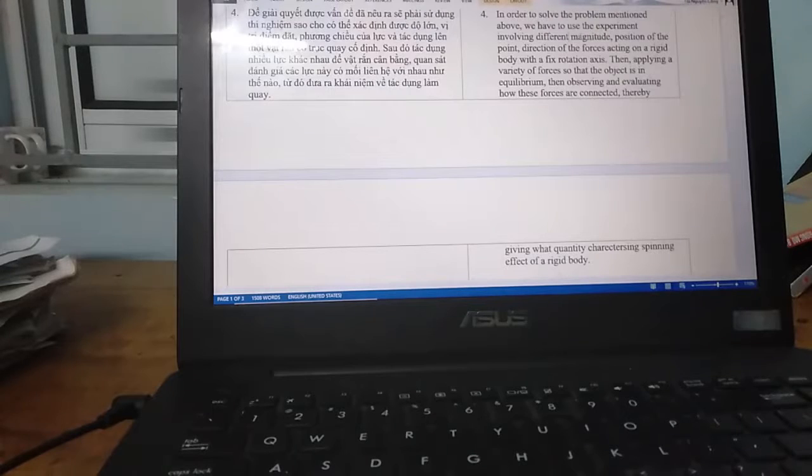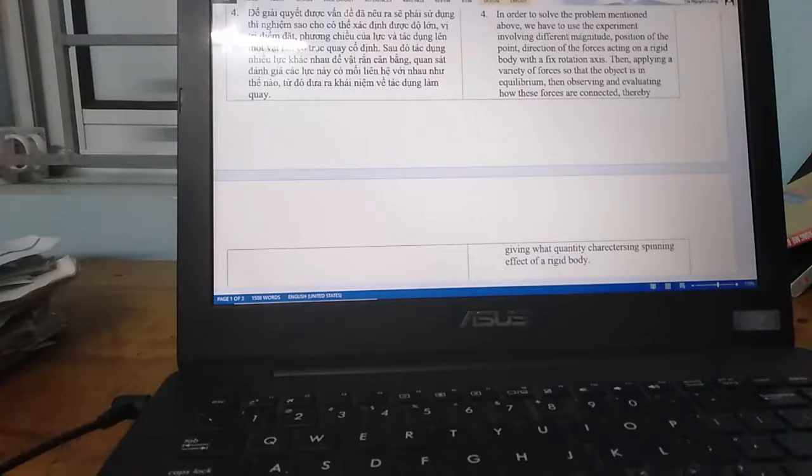In order to solve the problem mentioned above, we have to use an experiment involving different magnitudes, positions of the point, and different directions of the forces acting on a rigid body.